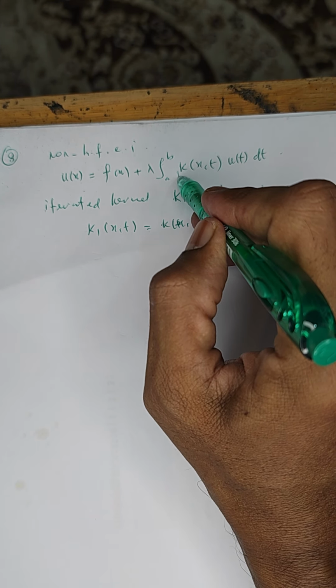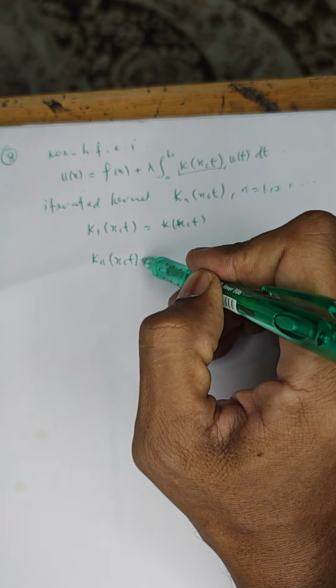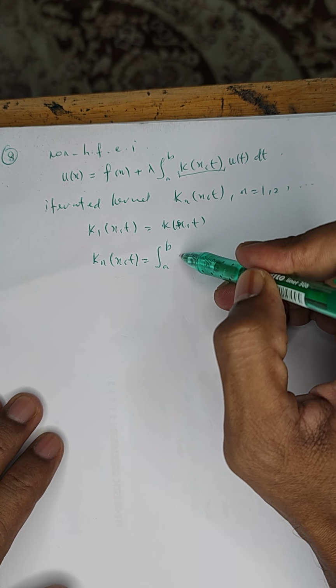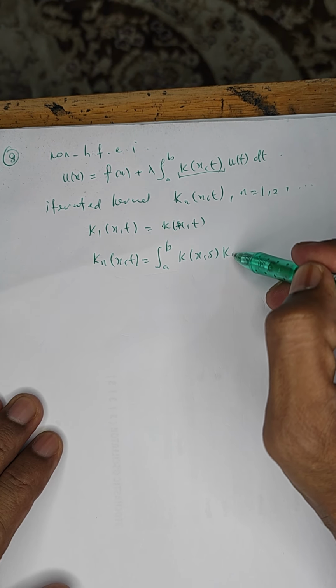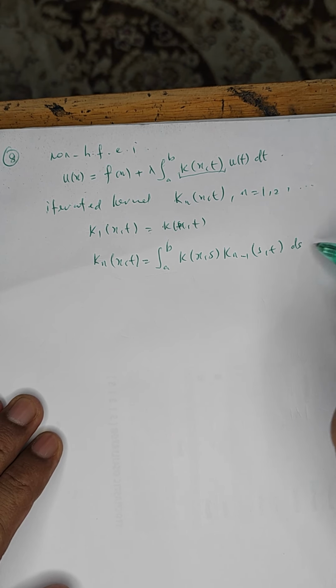So we consider that as K_1 for the initial approximation, and K_n(x,t) can be written as the integral from a to b of k(x,s) K_{n-1}(s,t) ds, for n = 2, 3 and so on.